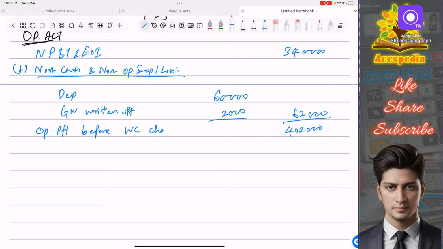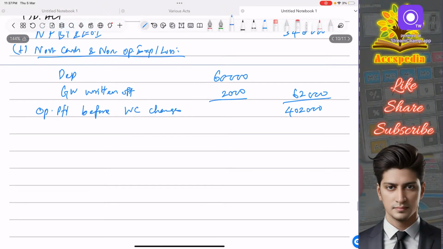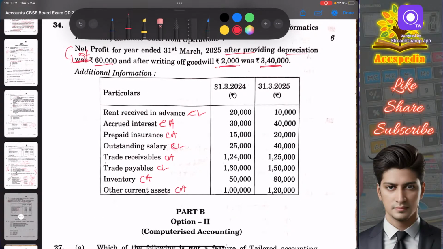before working capital changes. In this, first we have to add decrease in current assets and increase in current liabilities. Increase in current assets is opposite, it is subtracted. Let's find additions first. This current liability has decreased, so less.